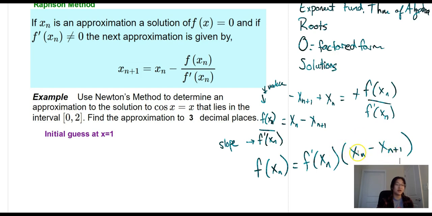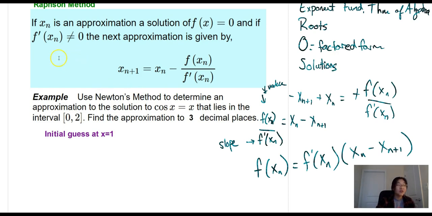So this is a known value, and then this is our next thing that we don't know yet, and this is a y value. So x sub n plus 1 equals x sub n minus f of x sub n over f prime of x sub n is how we find some approximations for our solution of a given function.